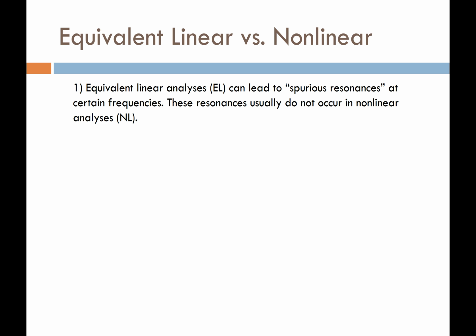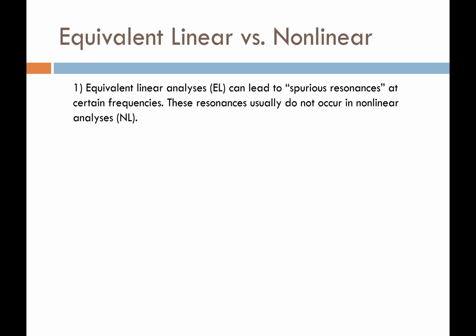The first thing we notice is that equivalent linear, and I'm just going to call it EL to save space and time, can lead to what we called spurious resonances at certain frequencies. That's because in the transfer function, we're assuming that all of the ground motions at the ground surface are due principally to site response, but we know that other factors like local site effects, like basin effects, are going to play a role too, but we can't account for that in the analysis.